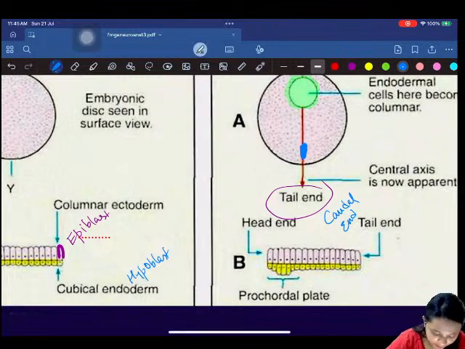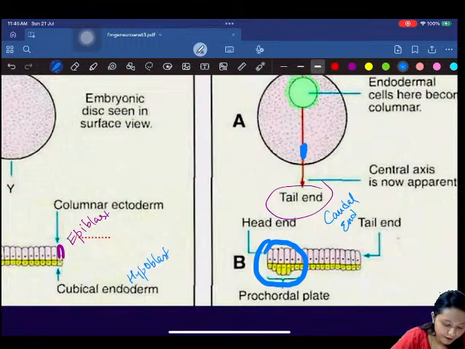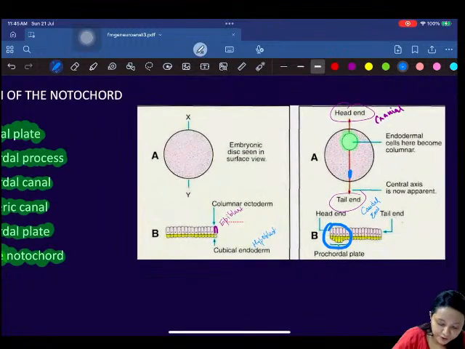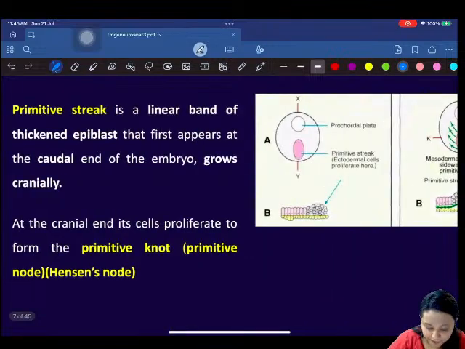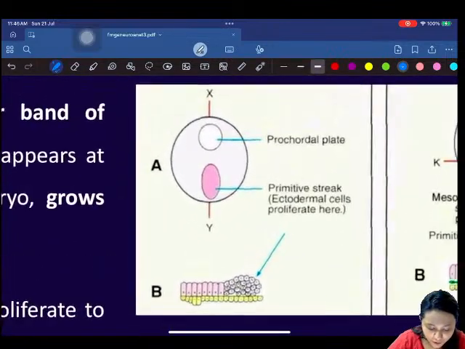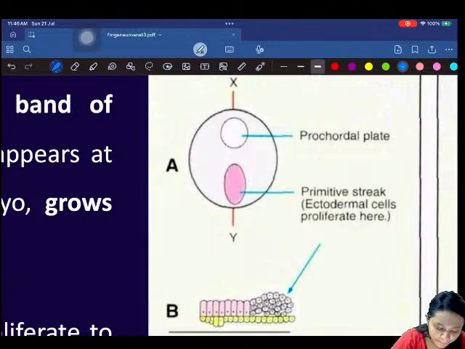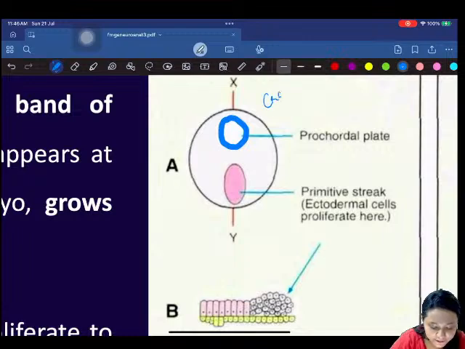So first your precaudal plate is formed in the head end. Okay, so now you have understood the orientation. So first your precaudal plate formed. You have the precaudal plate in the head end, the cranial end, and then you have a caudal end here.